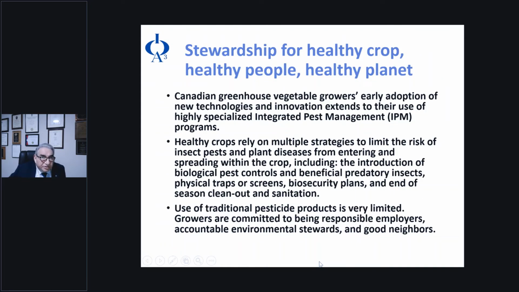Okay, so, stewardship for healthy crops. The importance of applications of nutrients, disinfectants, and new technologies and innovations means operators must make sure they are aware of the specialized integrated pest management, IPM, programs available to produce products that are healthy and suitable to put on the market.